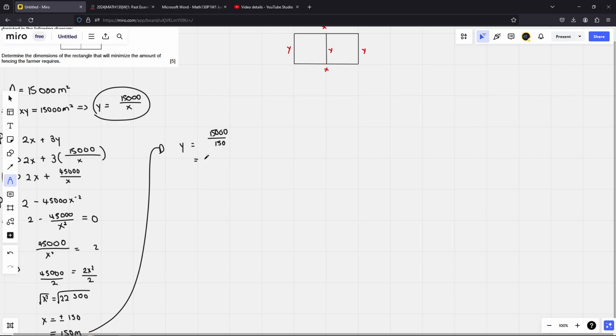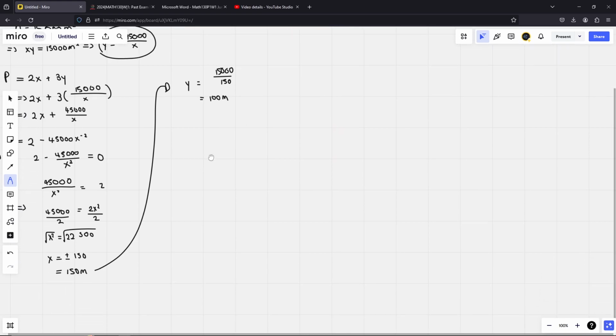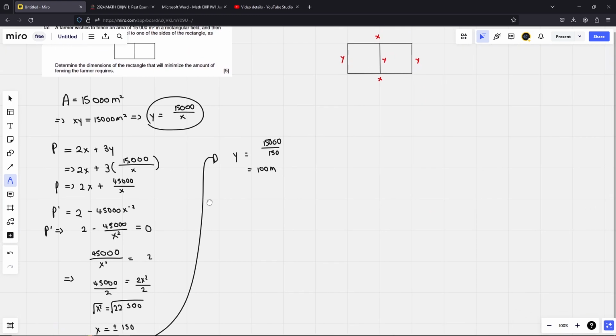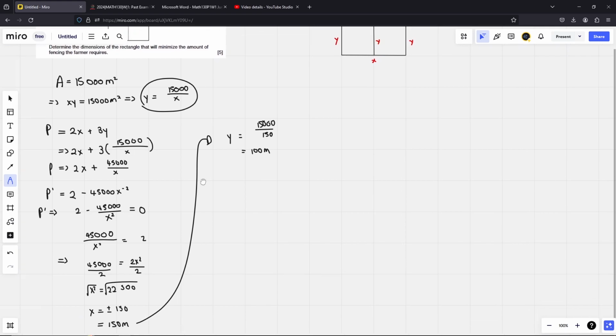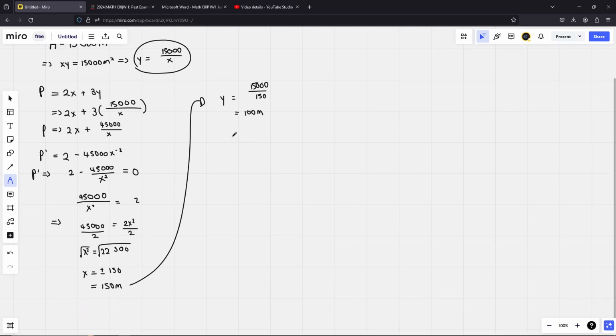And putting this in your calculator, you get this is just 100 meters. So the dimensions of the rectangle that will minimize the amount of fencing the farmer requires is length of 150 meters and width of 100 meters.